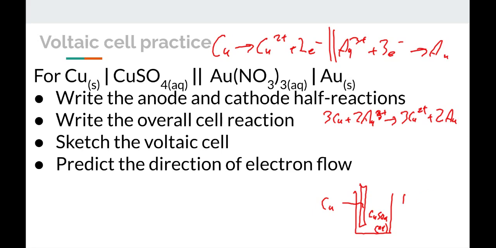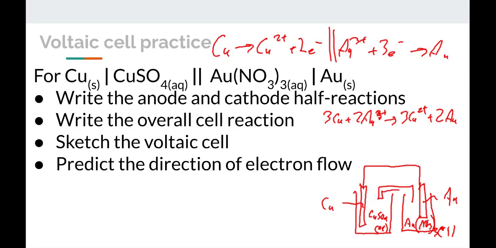On the other half cell, I'm going to have a gold strip, and then I'm going to have AuNO3 aqueous solution. And of course there'll be a wire connecting these two, and then I have to have a salt bridge. These are solutions, of course, and that salt bridge has to dip into both of those solutions.